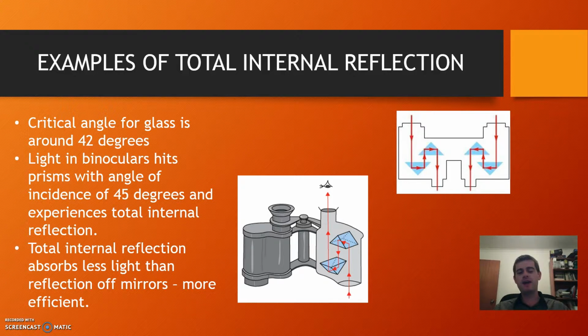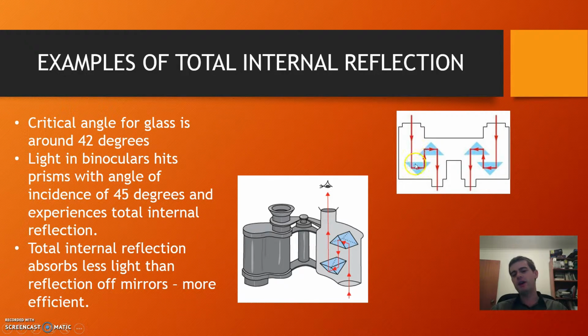And it turns out that total internal reflection for glass occurs at angles of incidence greater than 42 degrees. That's the critical angle for some types of glass. So you can see in this diagram here that when the light comes in and hits this surface, if you imagine a little normal line coming out of that surface, there would be an angle of incidence of 90 degrees and an angle of reflection of 90 degrees.